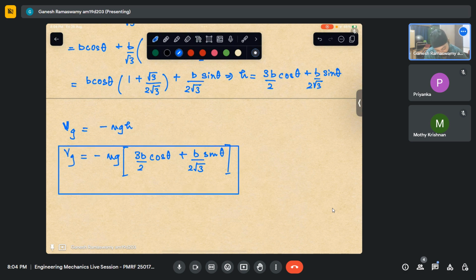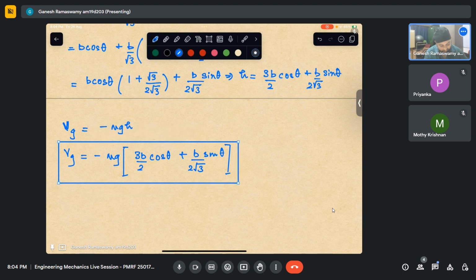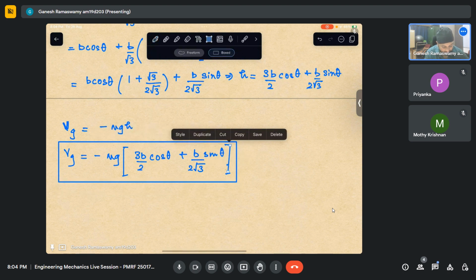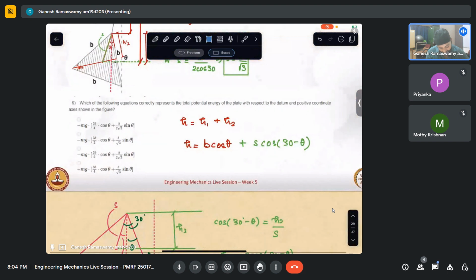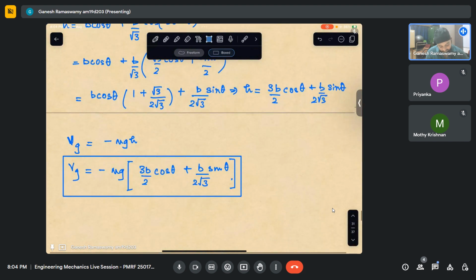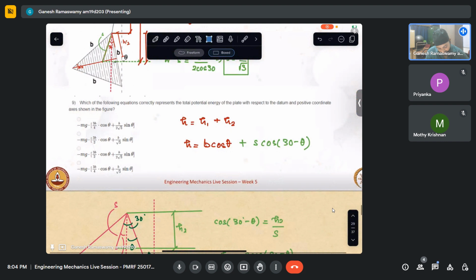Again, this is similar to what we got in one of the questions where they had given us the gravitational potential energy. They had given us the expression for the total potential energy. Here we have actually derived it. So let us see which option is right. 3b by 2 cos theta plus b by 2 root 3 sin theta, and with a negative sign. So I can see that my option C is correct.